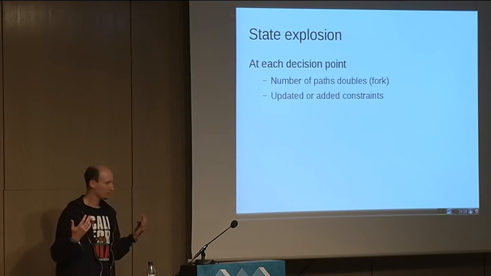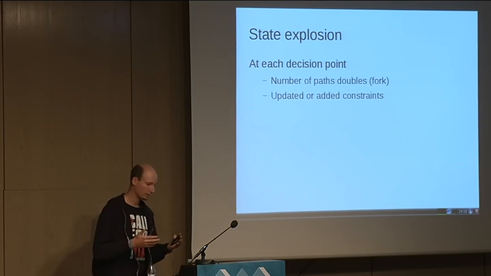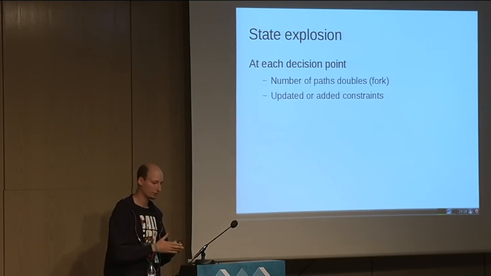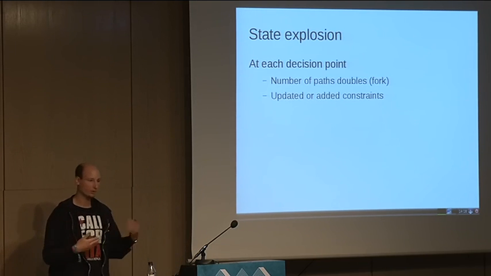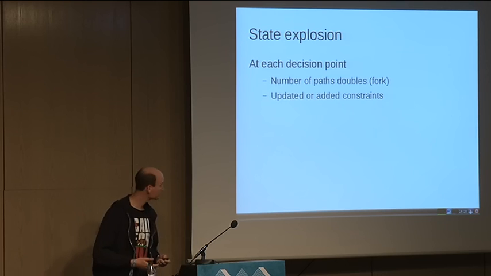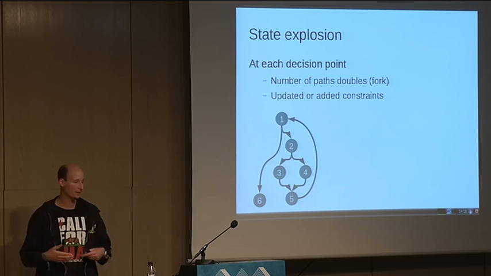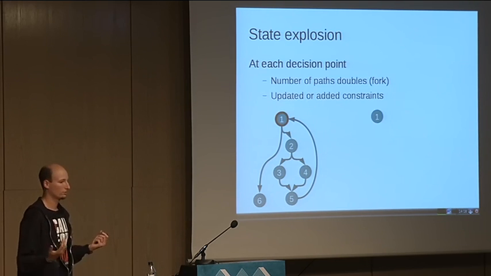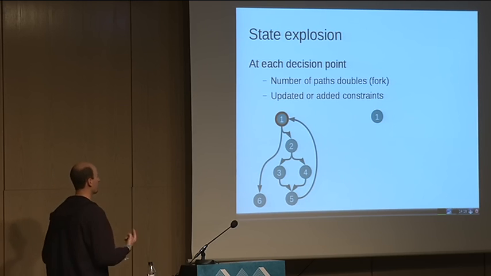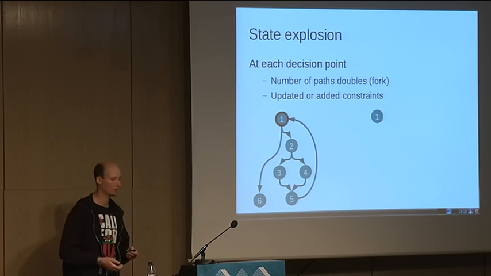We run into the state explosion because we follow, at each decision point in a control flow graph, all the paths that follow this decision point. So if we have a simple control flow graph here, and we start executing from the top, first of all, the symbolic execution engine follows one single condition and updates all the paths and constraints along the way.